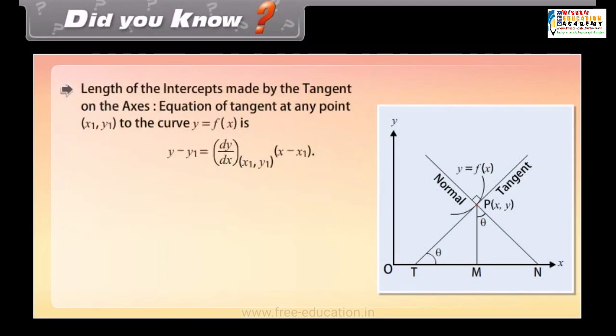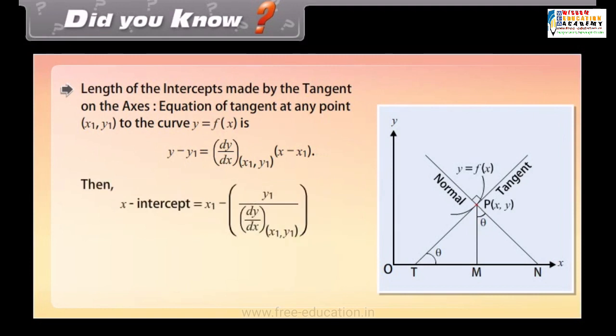Length of the intercepts made by the tangent on the axis: equation of tangent at any point (x1, y1) to the curve y = f(x) is y - y1 = (dy/dx) at (x1, y1) times (x - x1). Then x-intercept is x1 - y1/(dy/dx) at (x1, y1) and y-intercept is y1 - x1 (dy/dx) at (x1, y1).